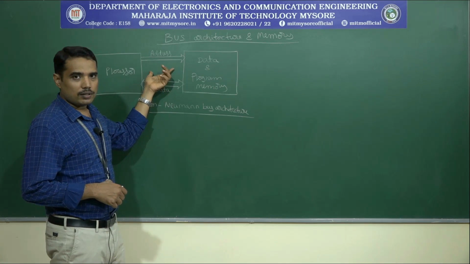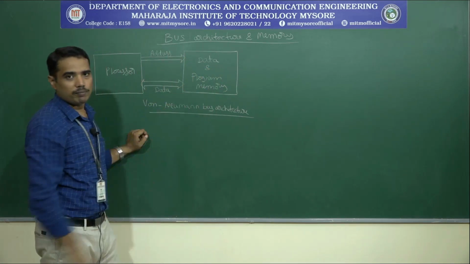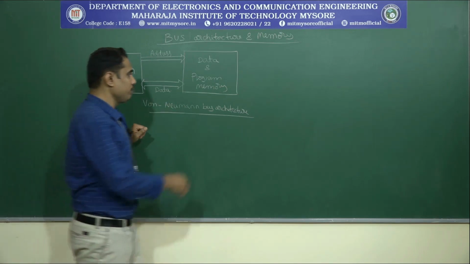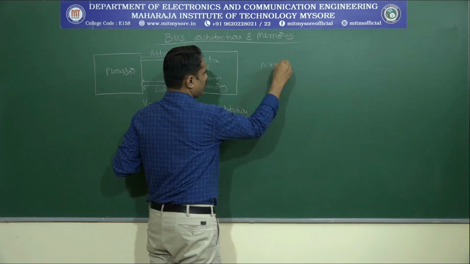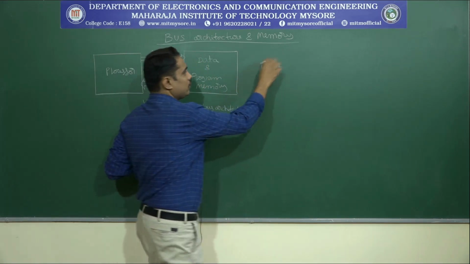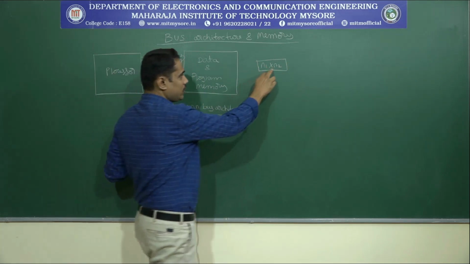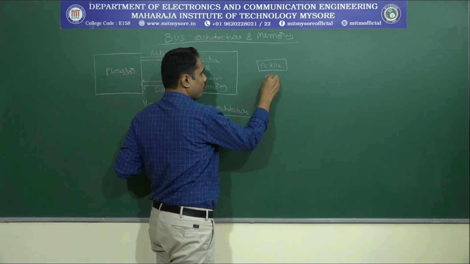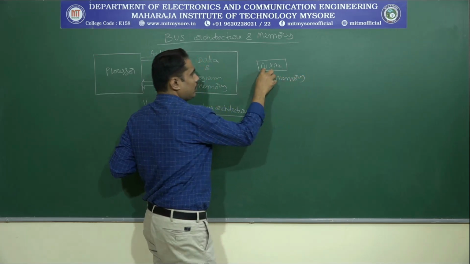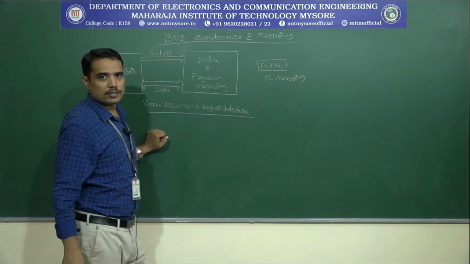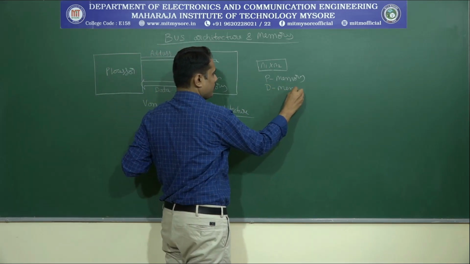In this case, the data and program memory are sharing the same block. That means if you want to compute any multiplication of n1 into n2, the whole instruction, with this n1 and n2, is going to reside there. This instruction has to be fetched from program memory, whereas n1 and n2 are with respect to data memory.